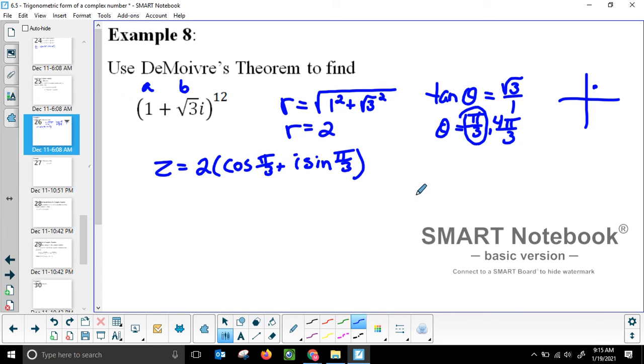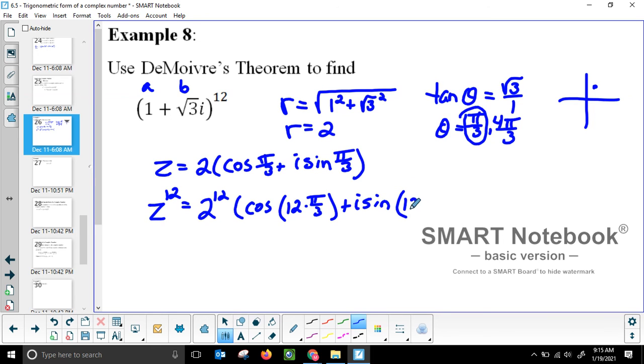Well, now I can go ahead and use De Moivre's theorem. If I want z to the 12th power, I take 2 to the 12th power times cosine of 12 times pi over 3 plus i times the sine of 12 times pi over 3.